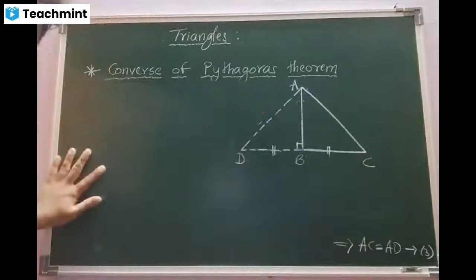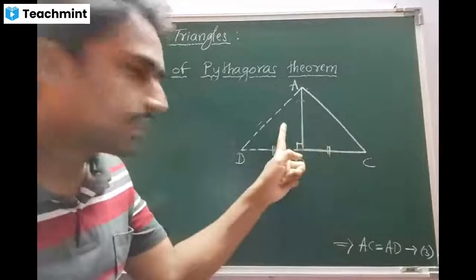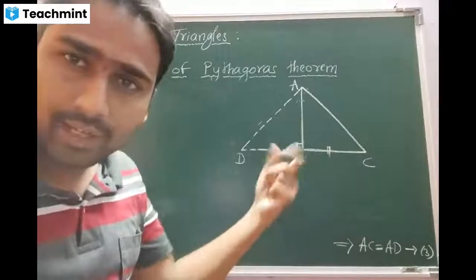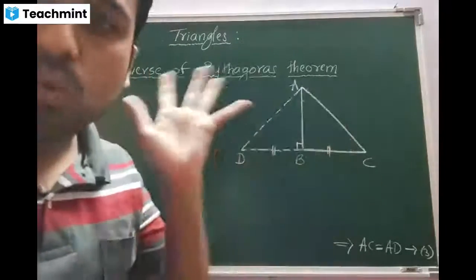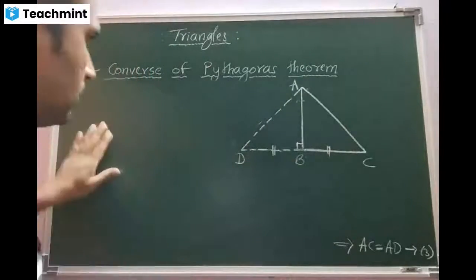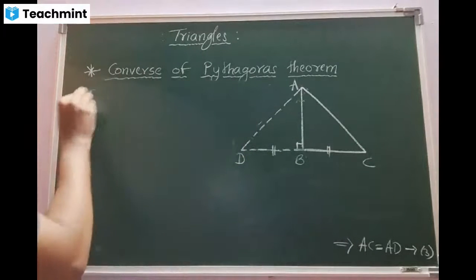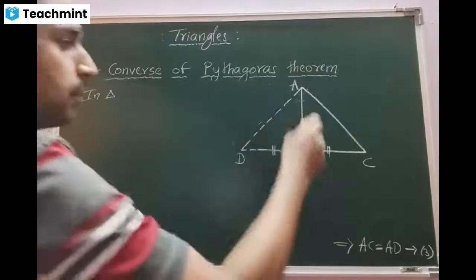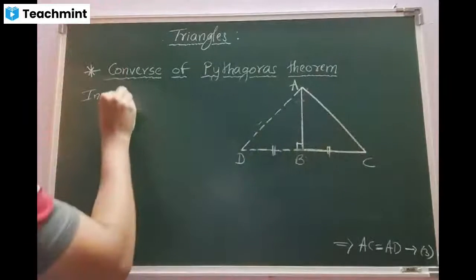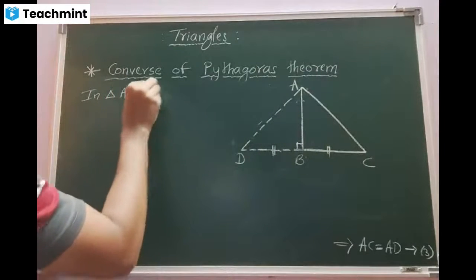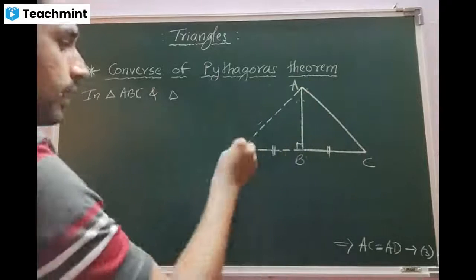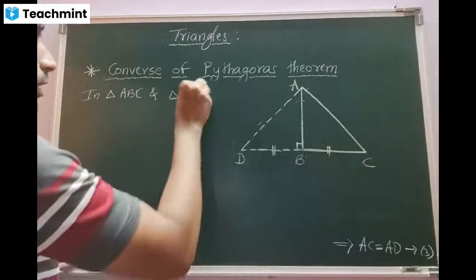Now we will start comparing this triangle and this triangle together. I'll try to prove they are congruent. Is that clear? Triangle ABC, the original triangle, and the triangle ABD, the constructed new triangle.